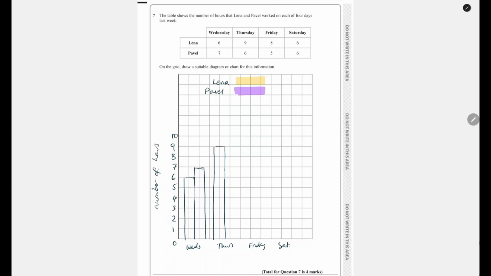And Pavel worked 6. On Friday, Lena worked 8. So that's there. And Pavel worked 5. And on Saturday, both Lena and Pavel worked 6 hours.